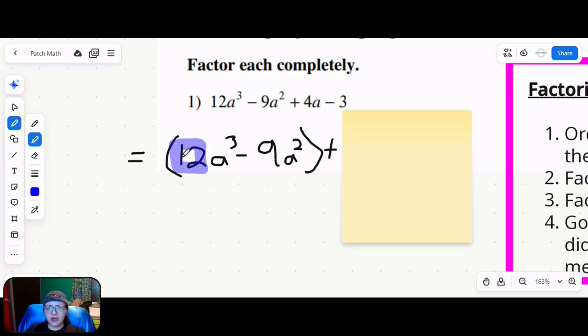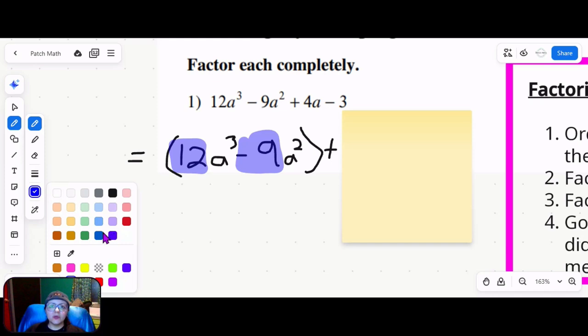In this case, we have a 12 and a negative 9. That is important. The greatest common factor of 12 and 9 is 3. So we're going to bring that 3 out front here, and we're going to divide that 3 off from each of those terms.